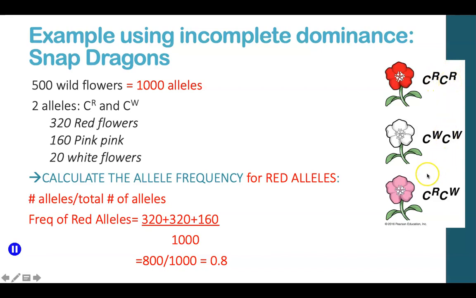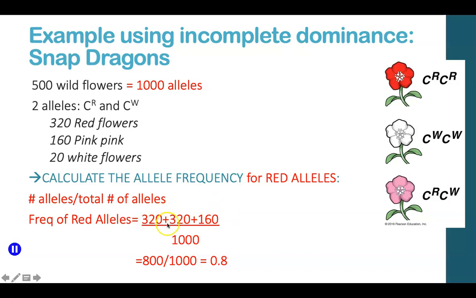Now we also have some red alleles down here in these pink individuals. So the pink individuals have only 1 copy of the red allele. If there are 160 pink flowers, that means we have 160 red alleles located in those flowers.